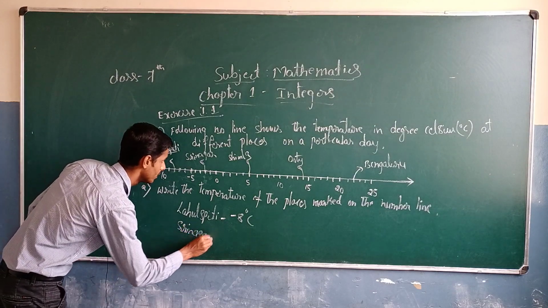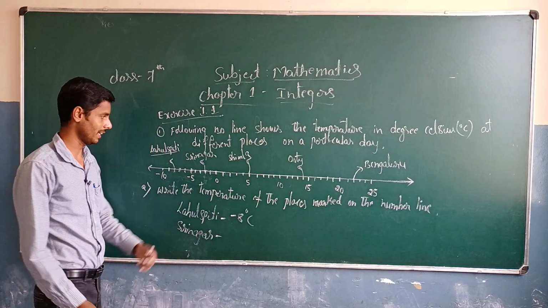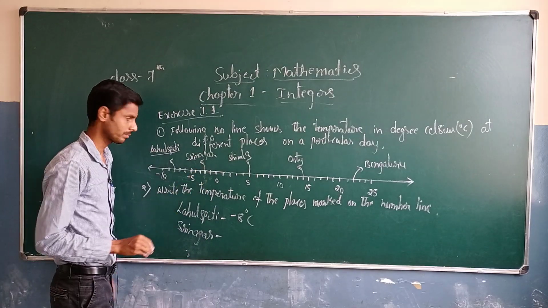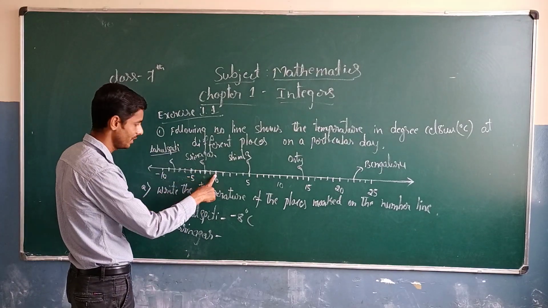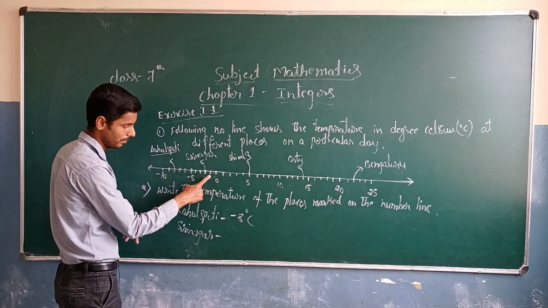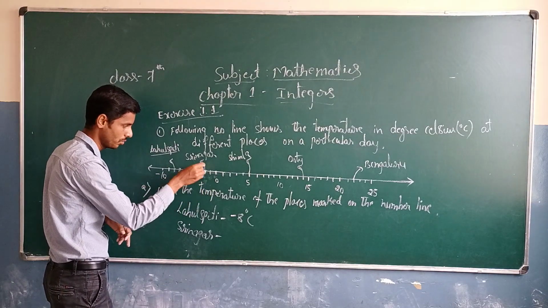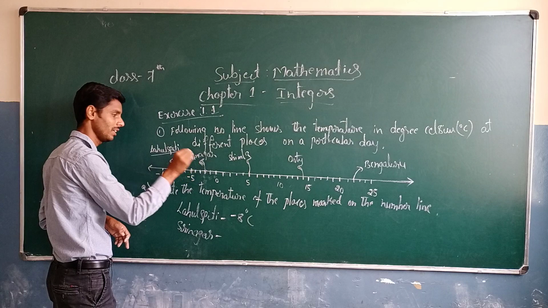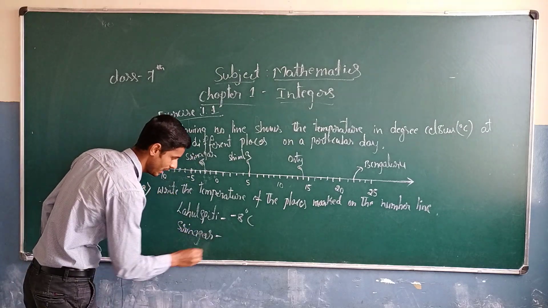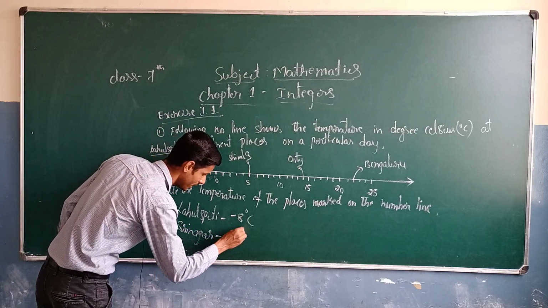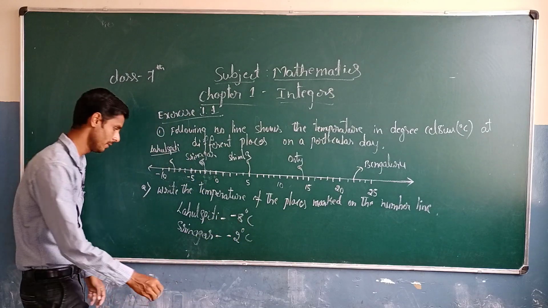Srinagar. The temperature of Srinagar is, where is Srinagar here? Right? This is 0. After 0, -1, -2. At -2 we have Srinagar. So the temperature of Srinagar is -2 degrees Celsius. Right?